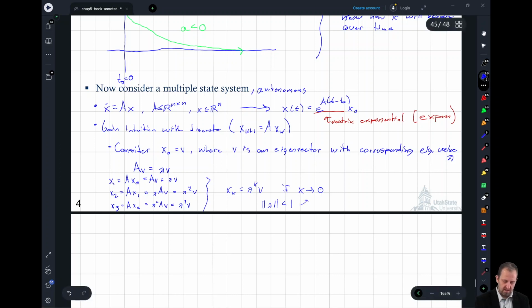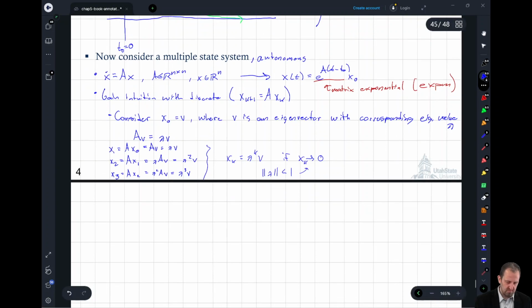Okay, and that'll help us go down to 0, because then as we increase k, lambda to the k is going to be a smaller and smaller number, and we'll be able to have x of k converge to 0. So if the magnitude of lambda is less than 1, then we're good to go.